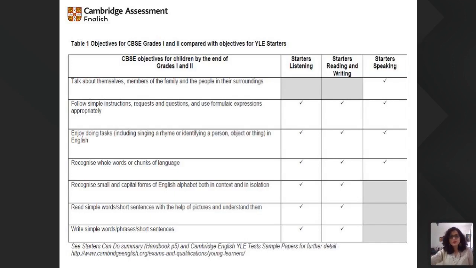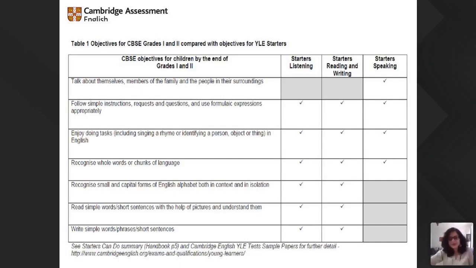So this is the CBSE learning outcomes, and they have been mapped. In fact, the objectives of starters, the assessment criteria, have been mapped on the language learning outcomes of the CBSE curriculum.